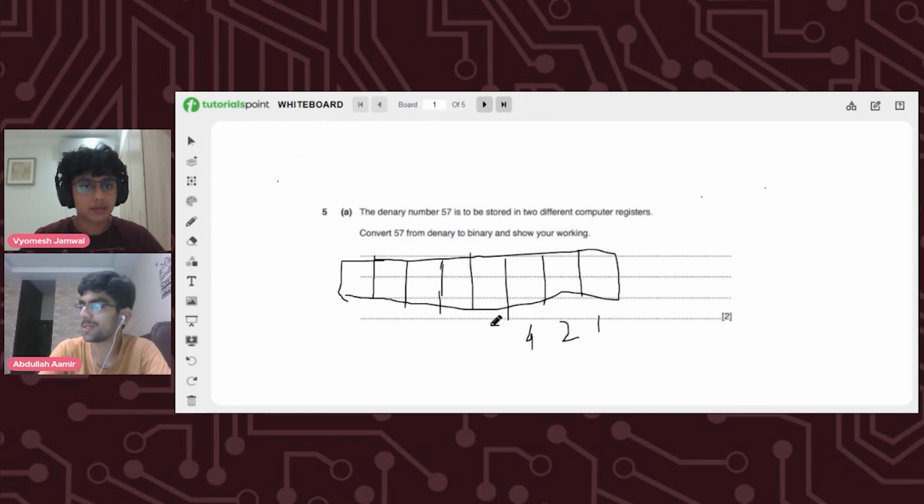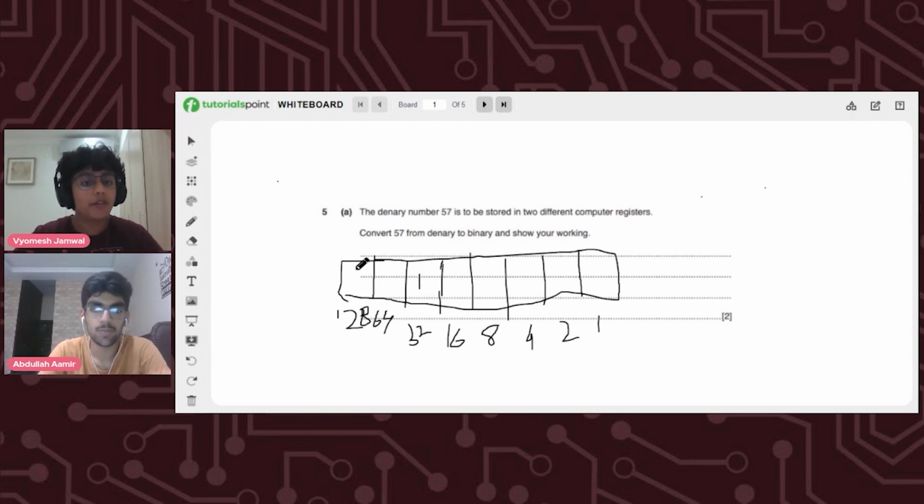So Ramesh, now what? Now what we can see is that 57, the largest value that's lower than that is definitely 32, because 64 is more than 57. So we would put a 1 at 32.